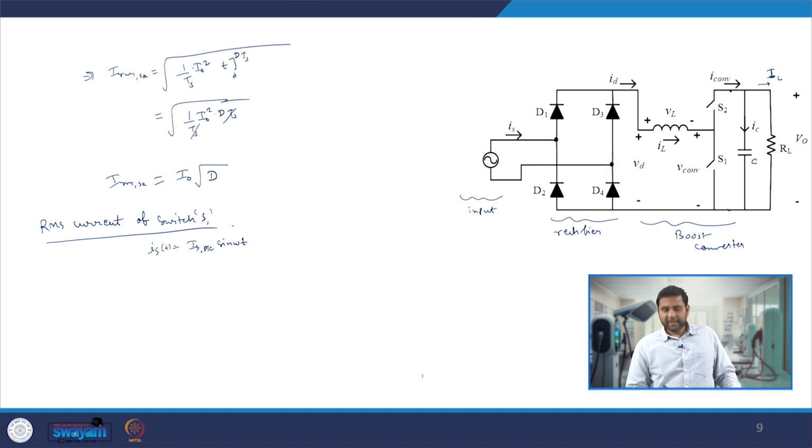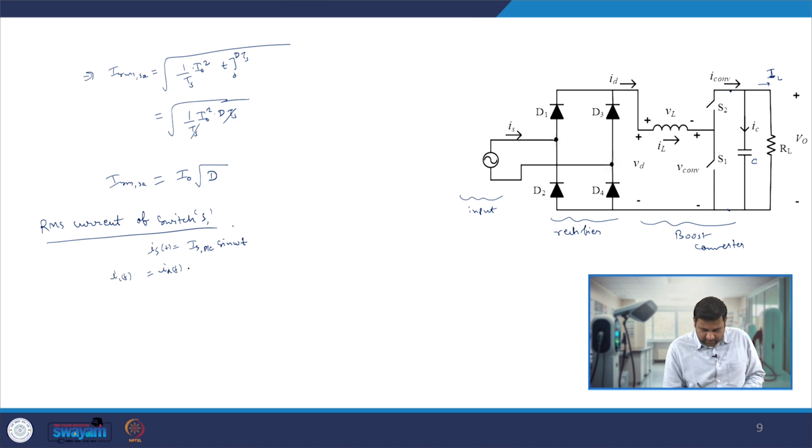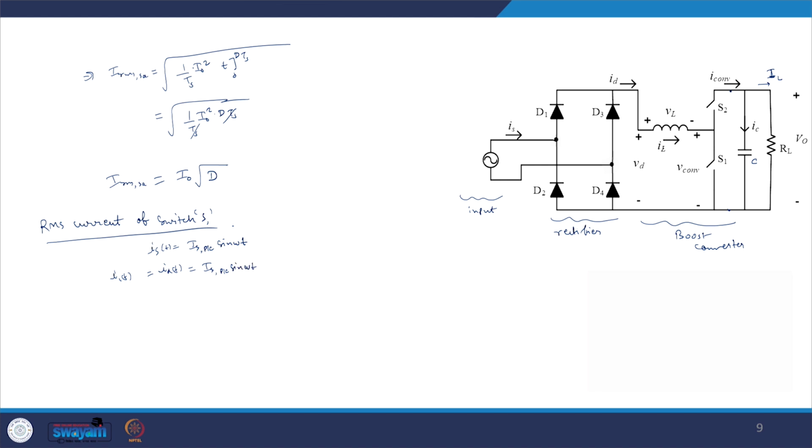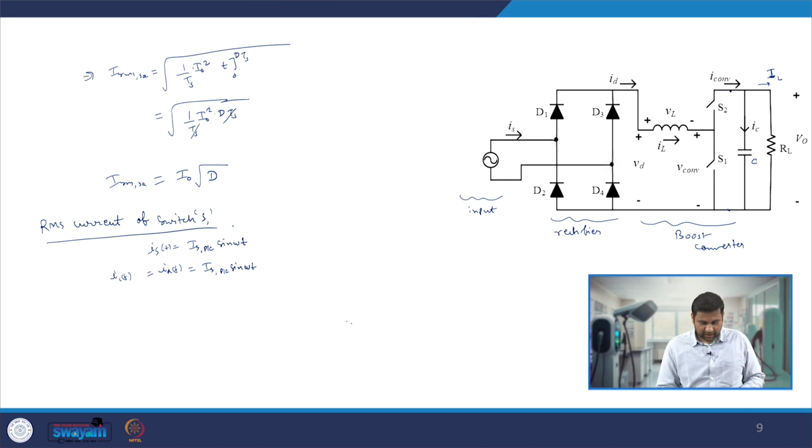So in the positive half cycle my ID, which is the IL, is Is peak sin omega t. Obviously I am neglecting the high frequency ripple which will be there over the average value of this IL current.